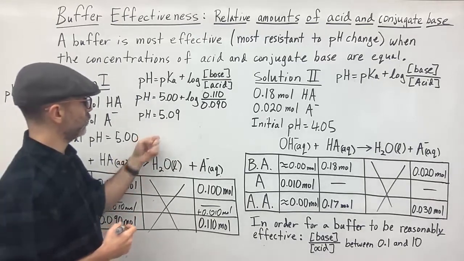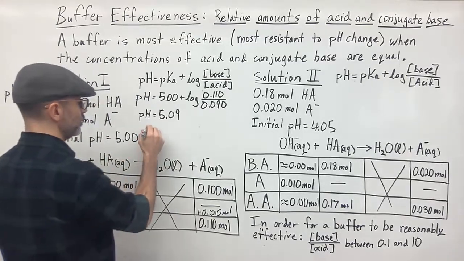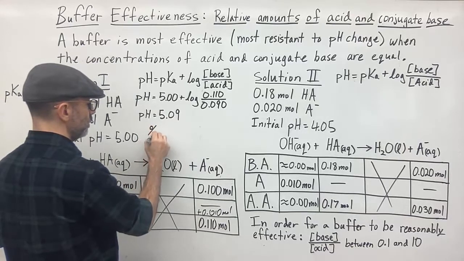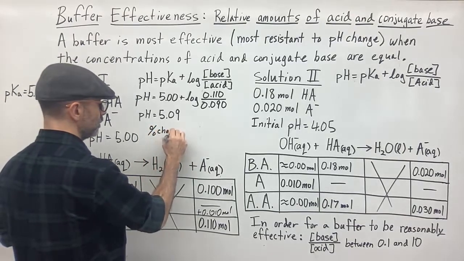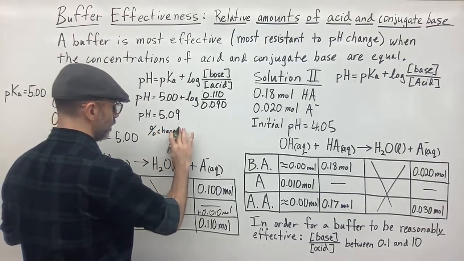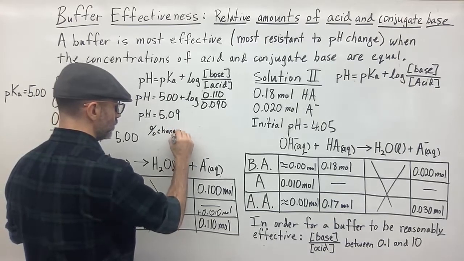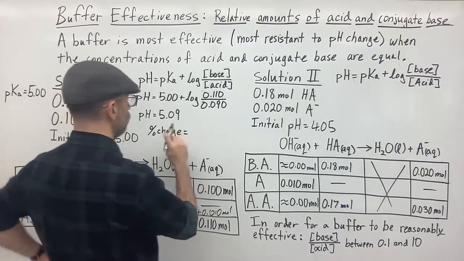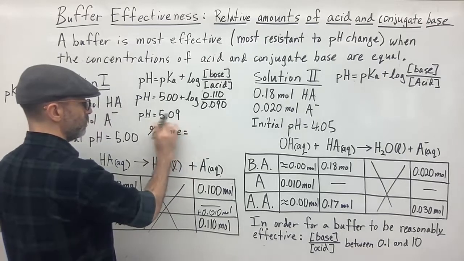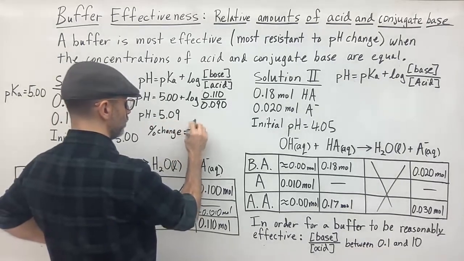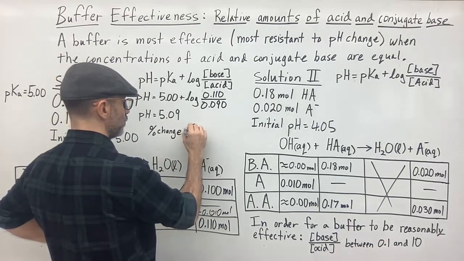So now what I can do is find the percent change, right? So percent change is going to be equal to the pH that I found after, the new pH.